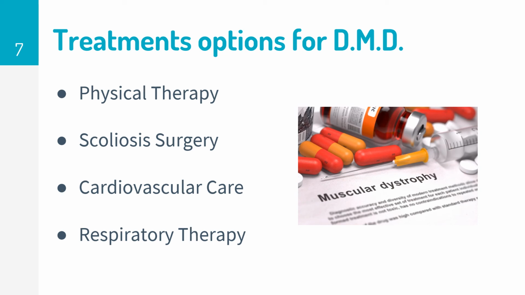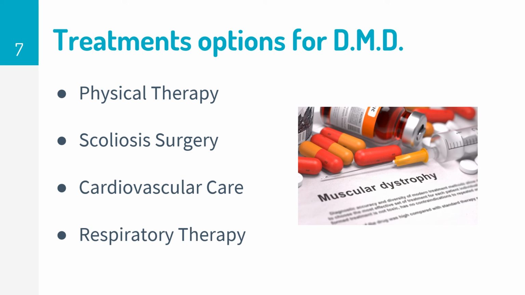The disadvantage with it, though, is that if the incorrect form of anesthesia is given during surgery, there are implications on the cardiovascular and respiratory health of the individual. And this is primarily due to the fact that individuals with DMD have cardiovascular and respiratory problems as is. So that needs to be considered when considering surgery.